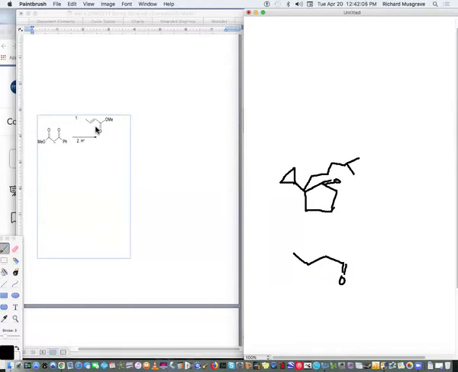It doesn't really matter. But that's the main thing, is that it's an alpha beta unsaturated ketone or ester in this case, and that's a nucleophile that's being added there. So it goes here on what amounts to the beta carbon. That's where the nucleophile adds.